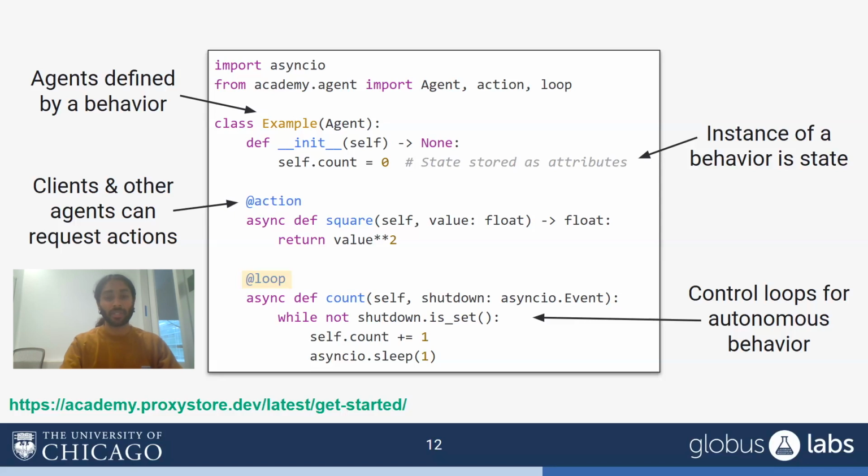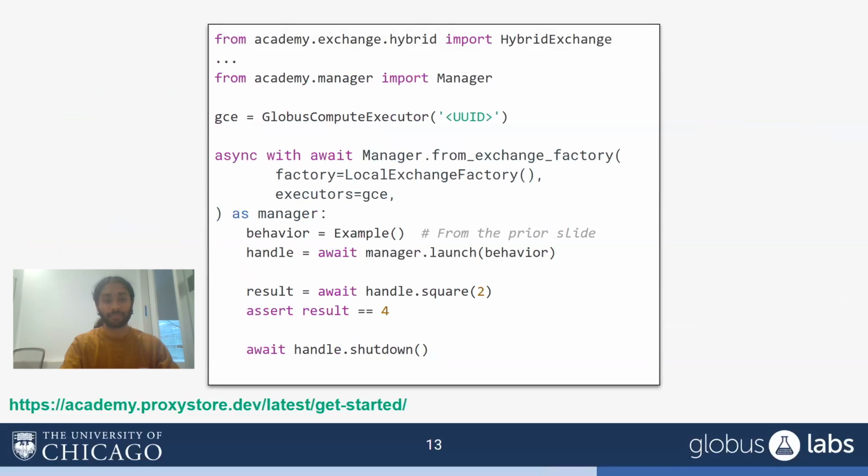That will be started when the agent is started up and can be shut down either manually through an action, or will be shut down when the agent dies or is purposely killed. All of this example and more are available in the docs at academy.proxystore.dev, and I'll have all of those links at the end.